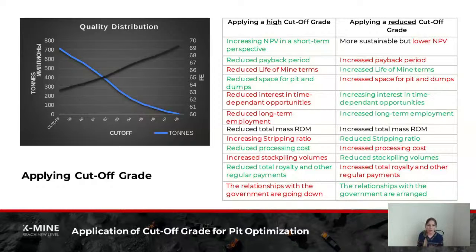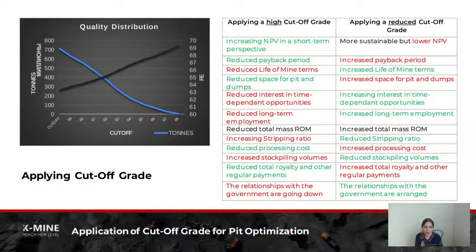And roughly speaking, when we analyze the financial model that involves mining operations, the cutoff grade should be considered as a variable indicator, and the one that provides the necessary specific requirements should be selected. Most often this is maximization of the NPV.